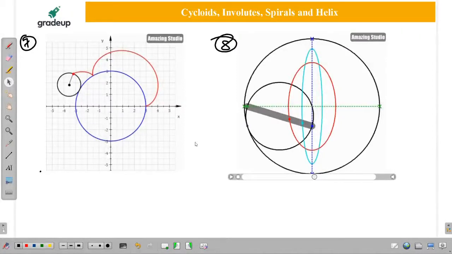Red color and blue color, you tell me. Here I am going to draw two things, sir. Blue color, what type of curve is it? Red color, what type of curve is it? Can you give the answers, my dear friends?